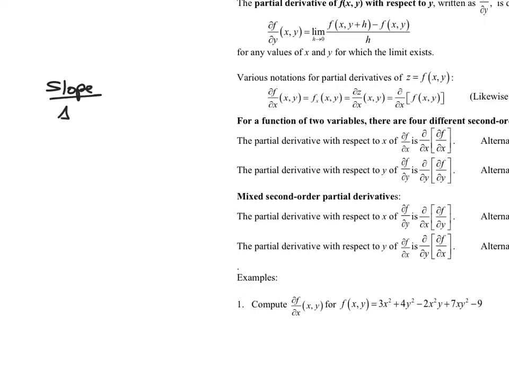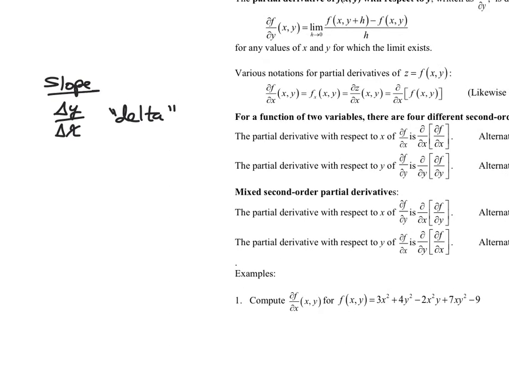So you have slope, the general slope formula, delta y over delta x, right? That's capital delta. Now, that slope is specifically over an interval.